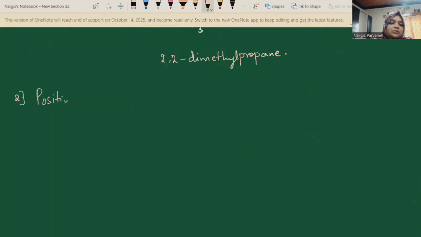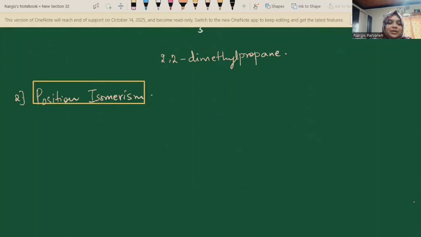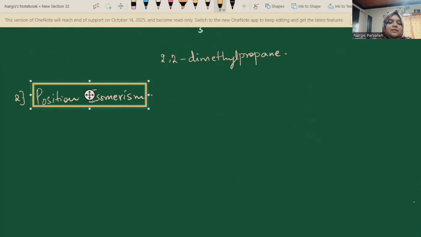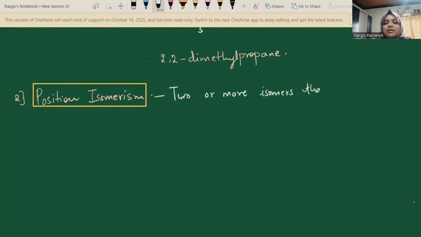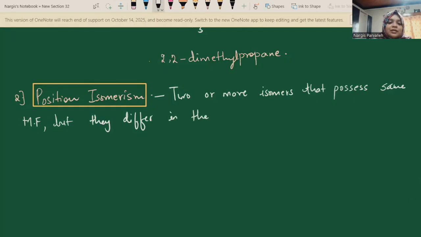Position isomerism. The name itself is telling you it is related to position. Two or more isomers that possess the same molecular formula, of course, I'm just writing MF, same molecular formula, but they differ in the position of substituents.